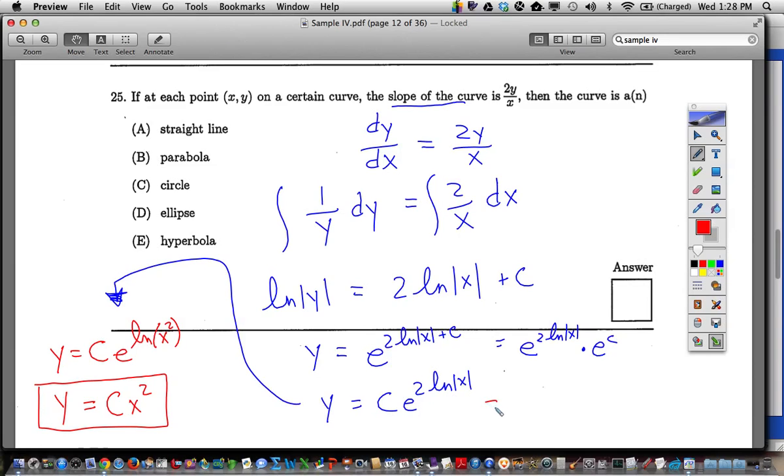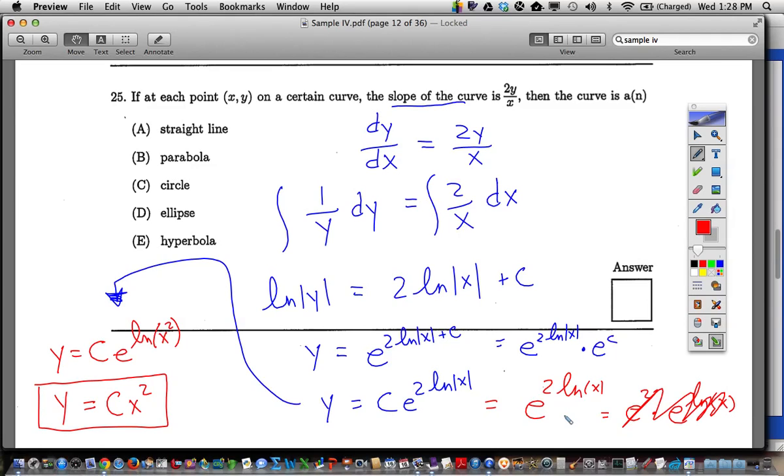E to the 2 ln x, if I heard you correctly, you were wanting to split that into e squared times e to the ln x? That's a bad thing because that would be 2 plus ln x. Oh, you add the power. Yeah. So we wouldn't do that. We bring the 2 up there and then we go. All right. So that's an example.